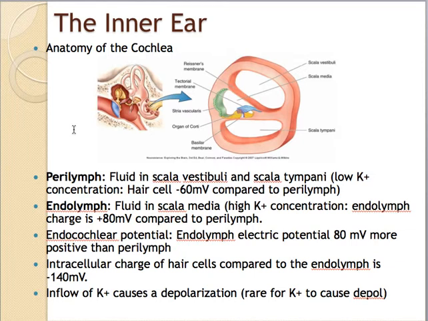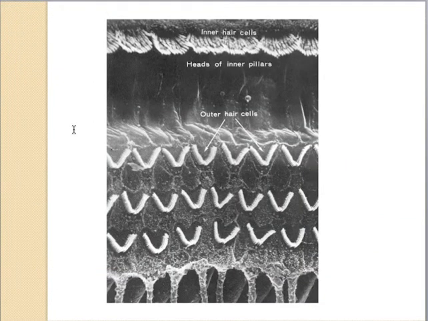So inflow of potassium causes a depolarization of these hair cells. And this is really rare. This is really kind of associated with the vestibular system and the auditory system. Okay, because remember with normal neuronal activation, it's that influx of sodium that's causing depolarization. Here, it's potassium.